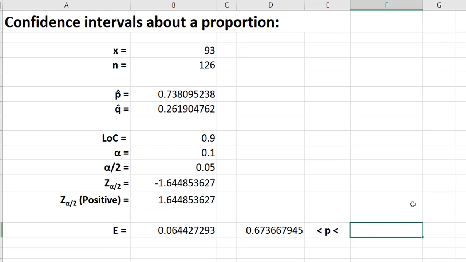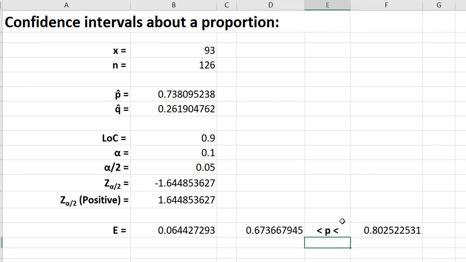And on this side, we would say equals whatever p hat is plus E, and we get the 0.8025 number. So in other words, this is my confidence interval right here.